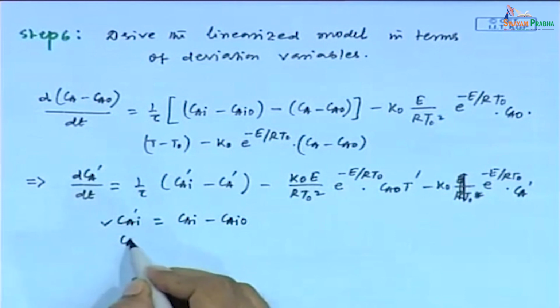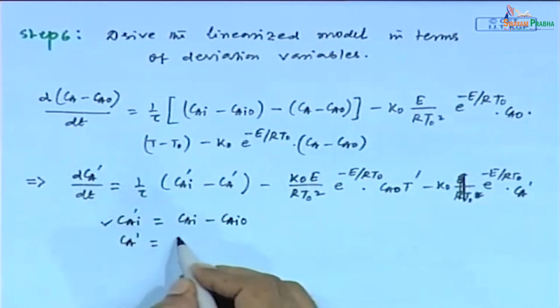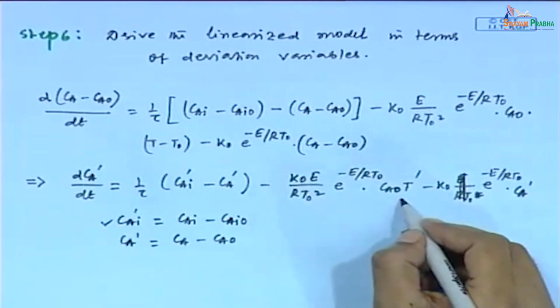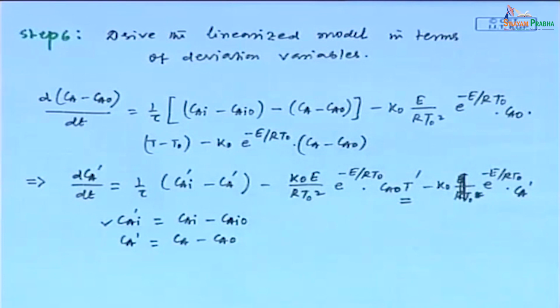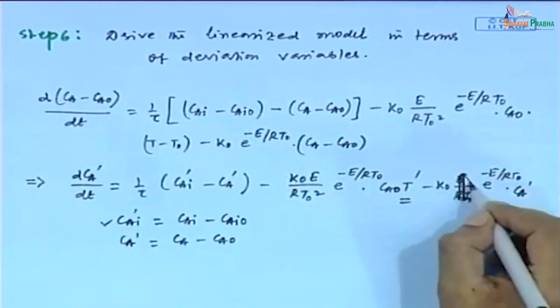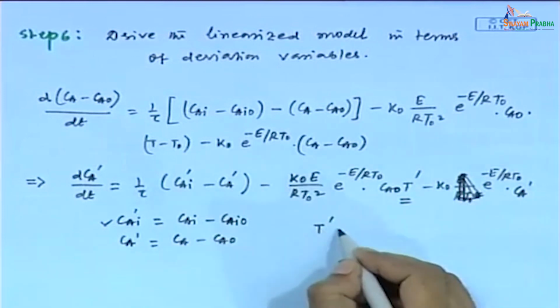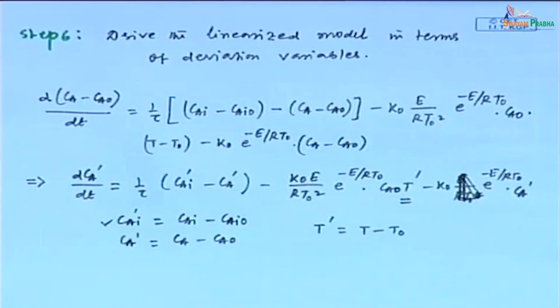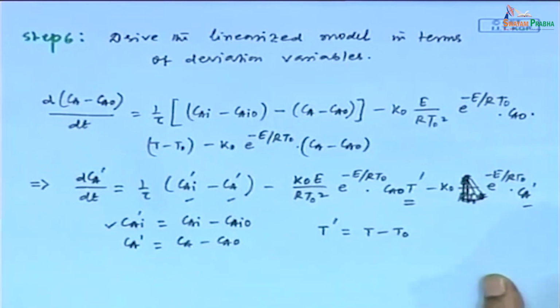Another one is C_A prime, that is C_A minus C_A naught. Another deviation variable is T prime, that is T minus T naught. So, 3 deviation variables we have basically considered.